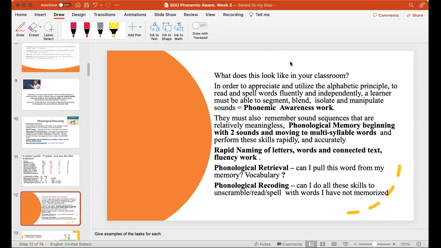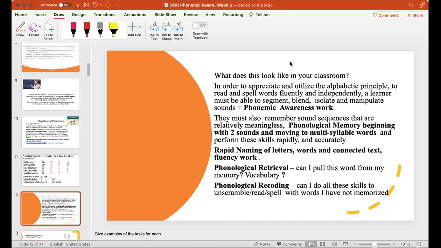If they have phonological memory problems, they may only be able to do small words, not the longer ones. If they have rapid naming difficulties, you're going to see that if you give them a list of letters to read and they really haltingly go through that, or words, you know that you need to work on fluency and rapid naming.